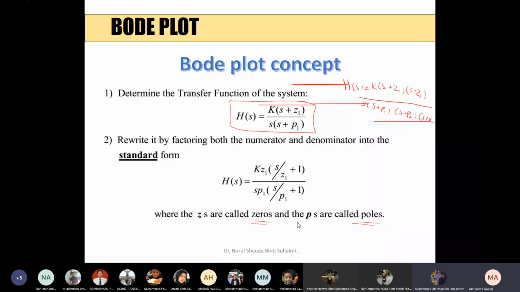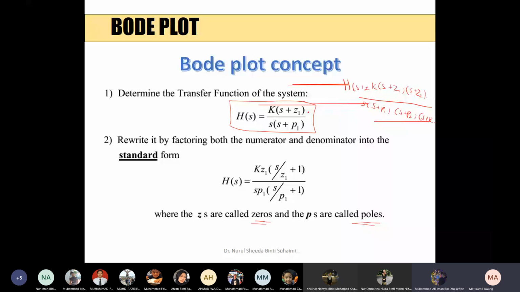You don't know? Okay. Zeros means the value of s that makes the numerator equal to 0.